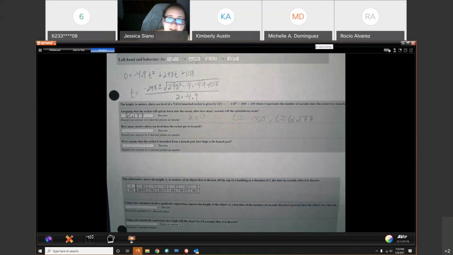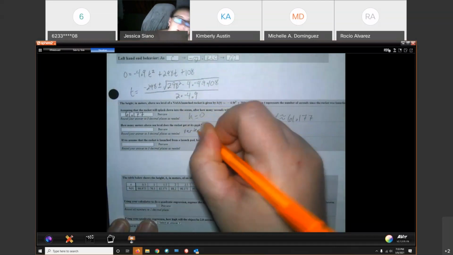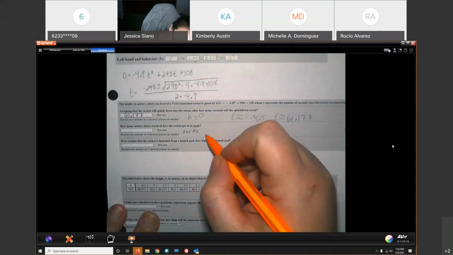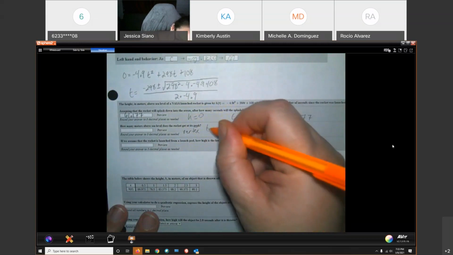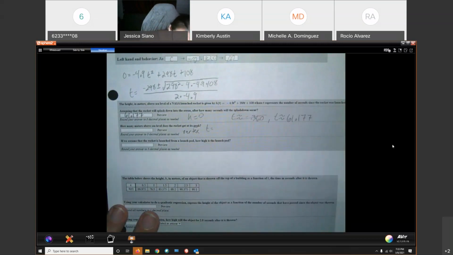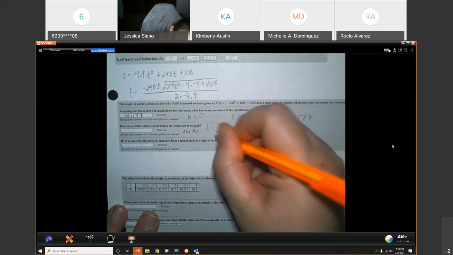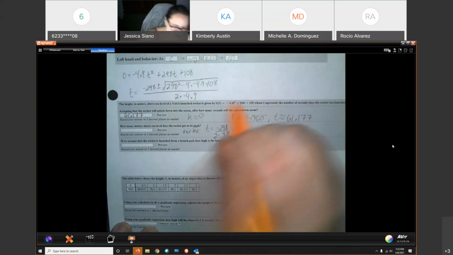And then if they're asking about its peak, that means its vertex. So first we need to find the time at which it reaches its vertex using that negative b over 2a. So that's negative 298 over 2 times negative 4.9.